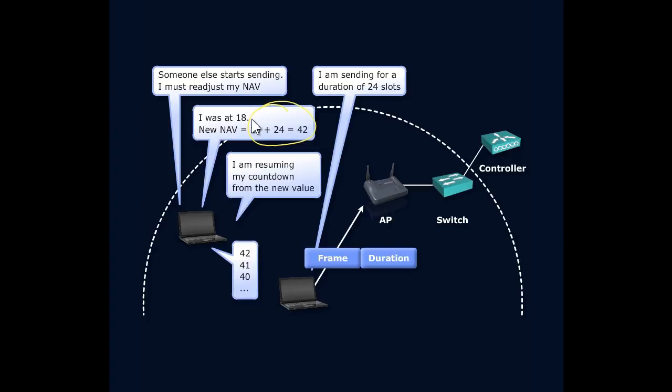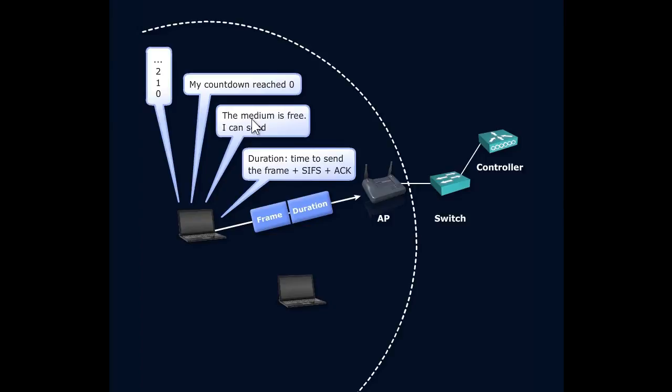And so I keep counting down. 42, 41, 40, right? 24 of that will account for the time that it takes for that frame to be sent. And great. So now we get down to 0. Yay! I got all the way down to 0. So I'll validate that when the countdown has reached 0, the medium is free, right? That's what it means. So I will send out my frame.